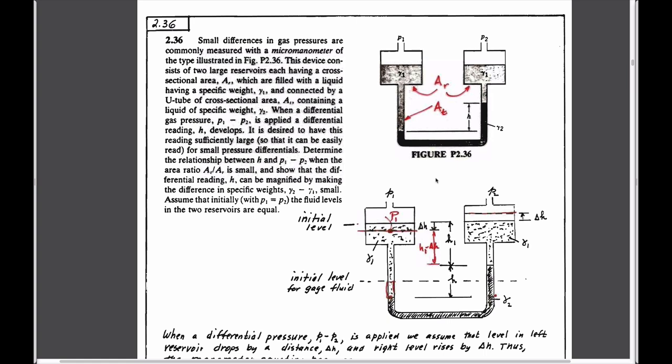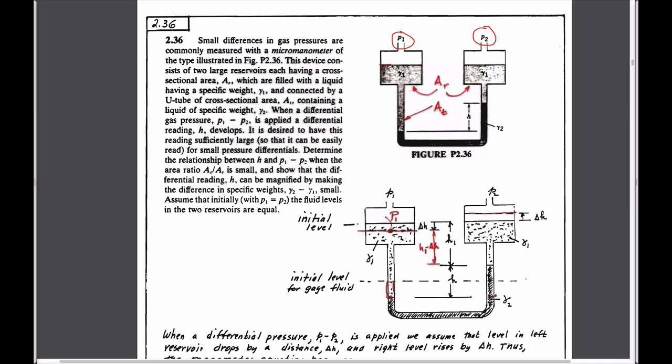Okay, the next question is to look at the behavior of a micromanometer. So a micromanometer is used to calculate quite accurately differences in pressures, differential pressures between two locations, pressure 1 and pressure 2. And the way it works is to use two different fluids as the gauge fluid.